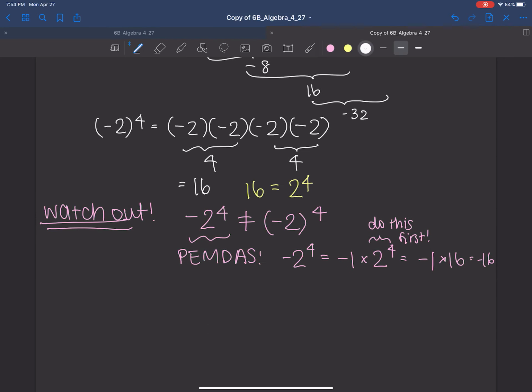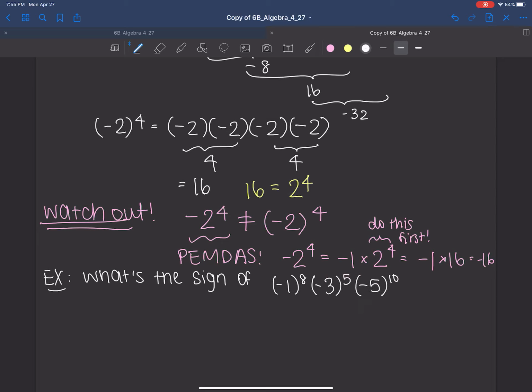Here's one other example that I thought was really fun. So what's the sign of this number? Minus 1 to the 8 times minus 3 to the 5th times minus 5 to the 10th times minus 7 squared. We actually had a great discussion about this in class.